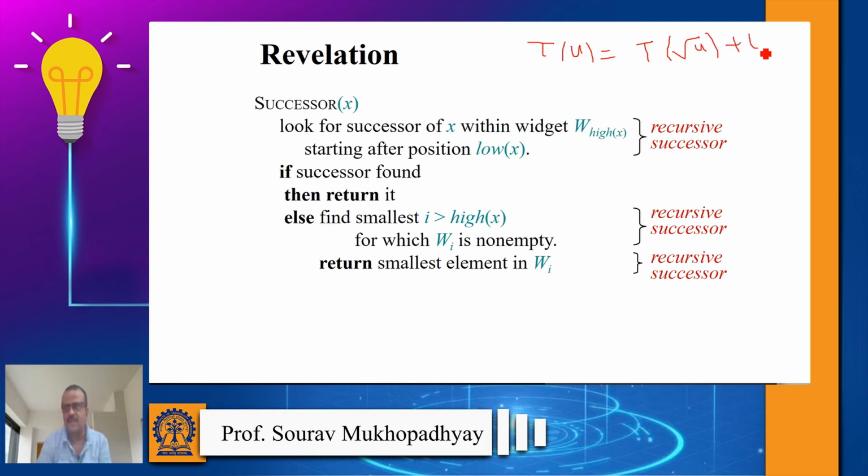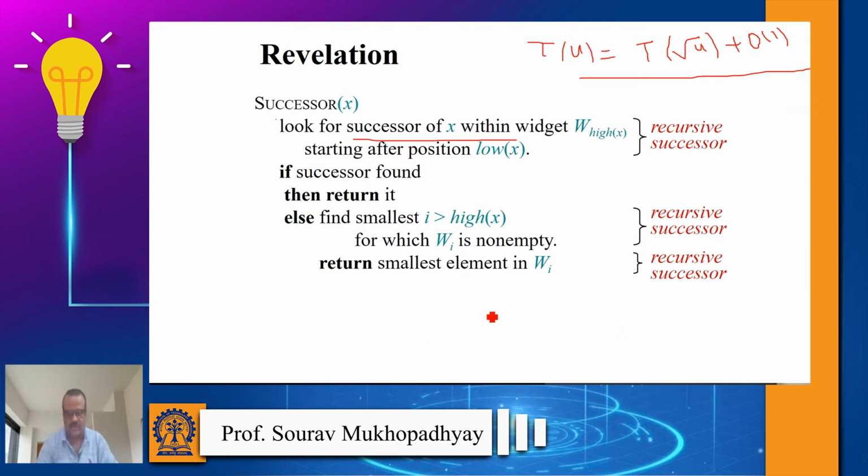If we can have this recurrence for the successor call, then we can say this will give us log log u. So we want to have this recurrence. For that we need to think of a recursion call, because unless we think of a recursion call, we cannot write this type of recurrence. Now think of finding this successor in that particular widget. This is also a recursive successor call.